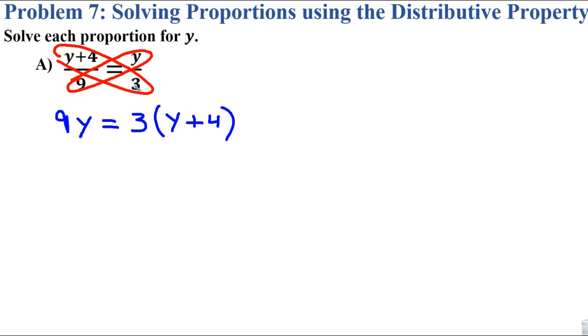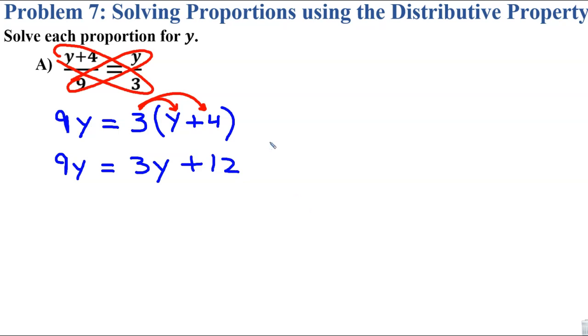Because what I need to do here is take 3, my denominator, and multiply by the entire numerator. So I'm going to have to distribute the 3 to the y and the 4. The big mistake I'll see from students on this problem is they'll forget to multiply by the 4. Don't do that. So that's going to leave me with 9y equal to 3y plus 3 times 4, which is 12.